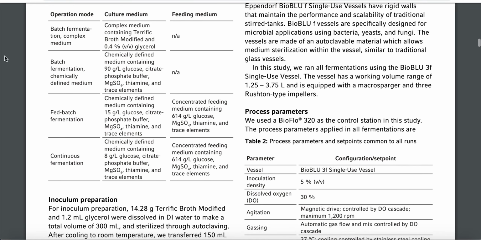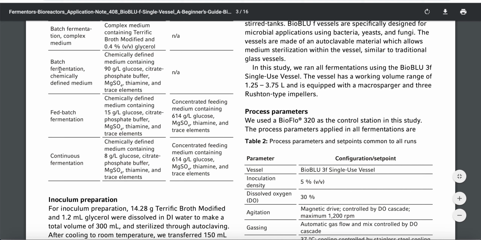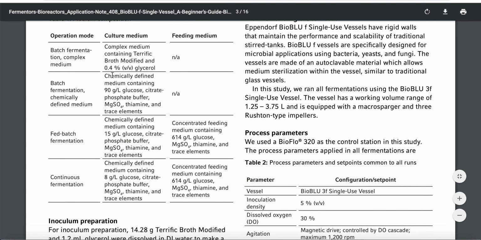So the only difference here between batch fermentation medium is they use 0.4.